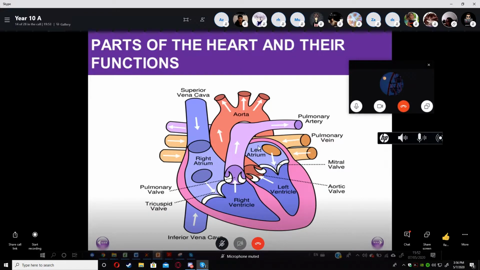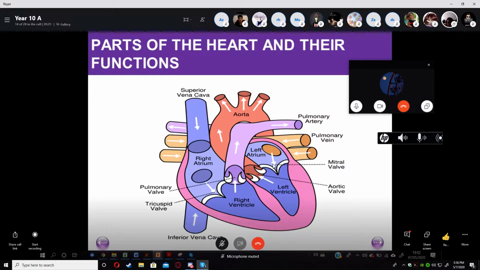So when the atrium contracts, it creates a pressure and makes the blood go into the left ventricle. Because of the pressure, it pushes the blood into the left ventricle. When the blood pushes, the valve opens and the blood goes into the left ventricle. And then immediately the valve closes.